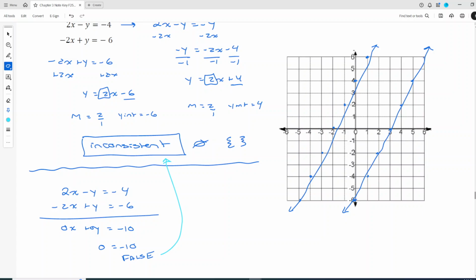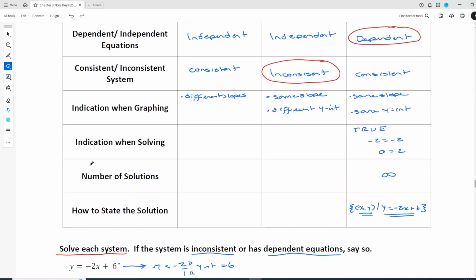Okay, let's go back and finish that chart. So for this one, if your lines came out parallel, you would say it's inconsistent. If you're solving and the variables go away and you're left with a false statement, something like 0 is equal to 2, then you'd say that there are no solutions. How would you, oh, sorry.